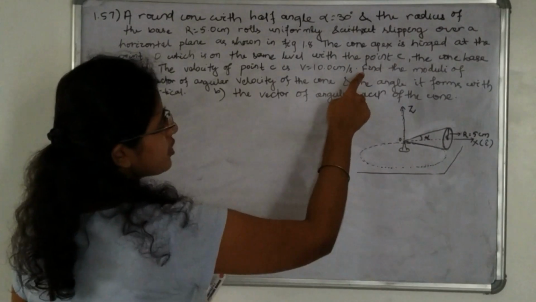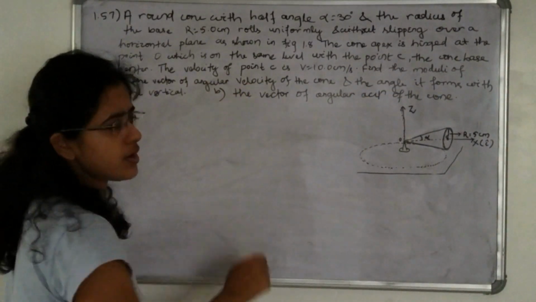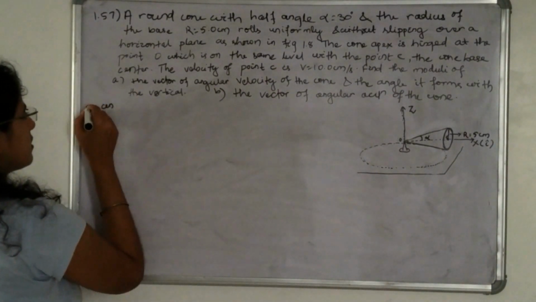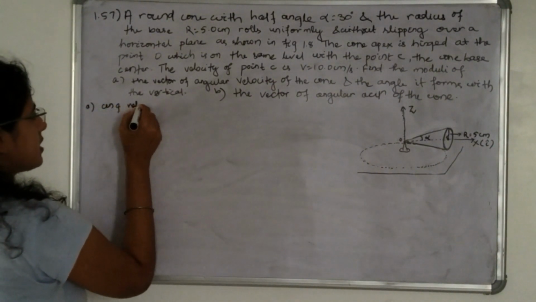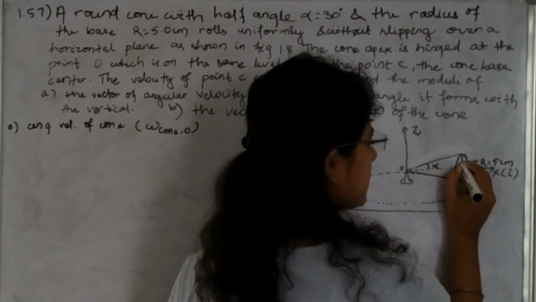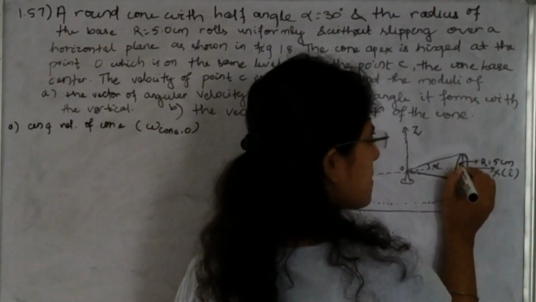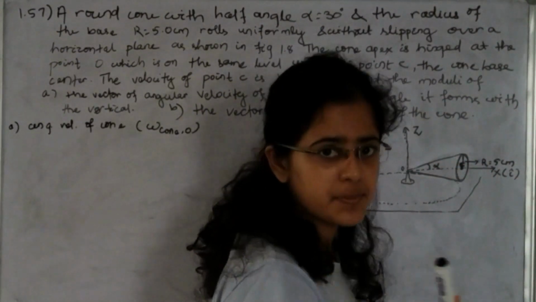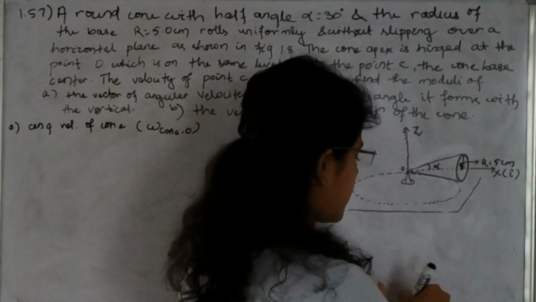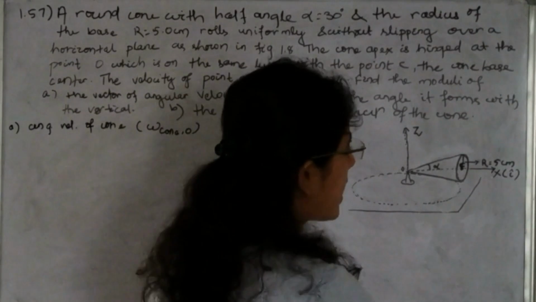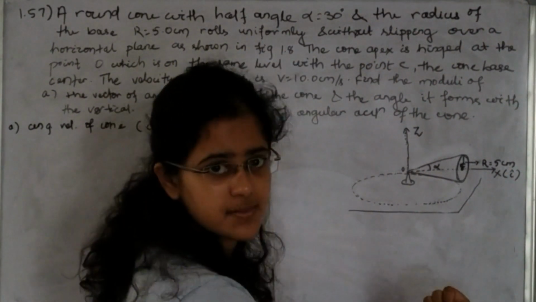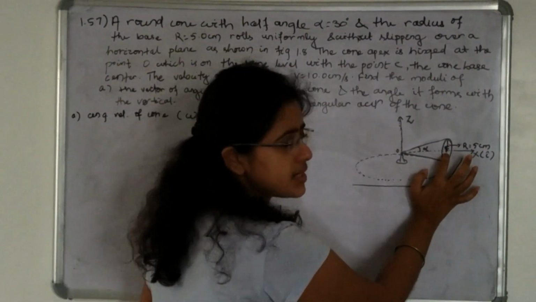So from this question, we have to derive the moduli of the vector of angular velocity of the cone. How can you derive it? If you place a person at this center, this is C, then for that person this cone is revolving like this. As this is directed towards the x-axis, for that person the cone is revolving in the yz plane along the x-axis. I am telling about this center position.